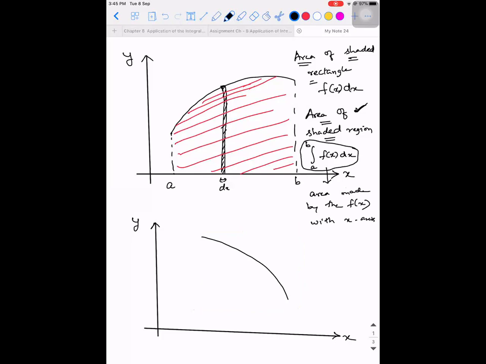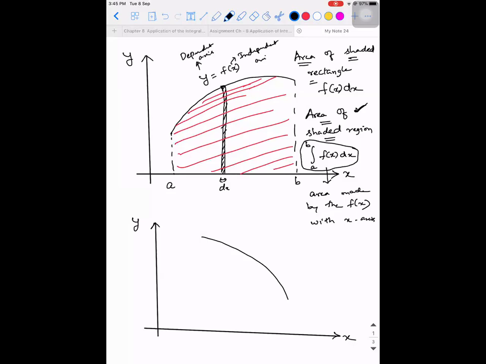Now the next question is, instead of giving you y equal to f of x, when this equation is given, then x is the independent axis.